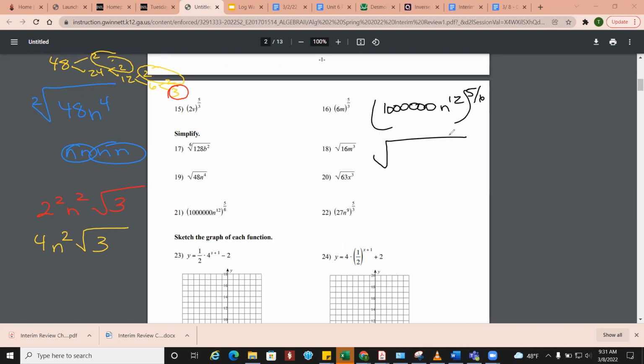So we're going to take the 6th root of 1 million into the 12th, and we're raising all of that to the 5th power.